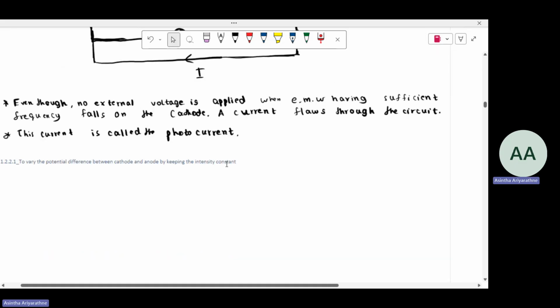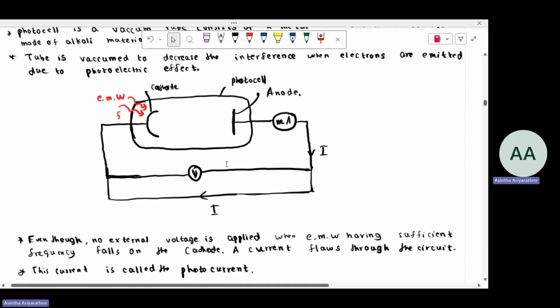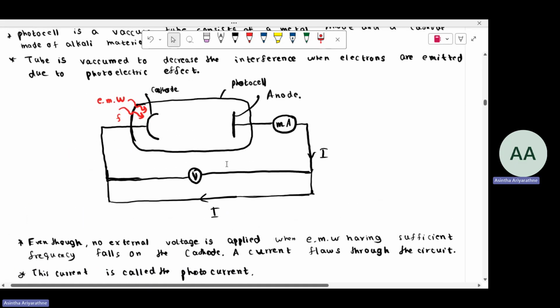Then see what happens when an external voltage is applied.